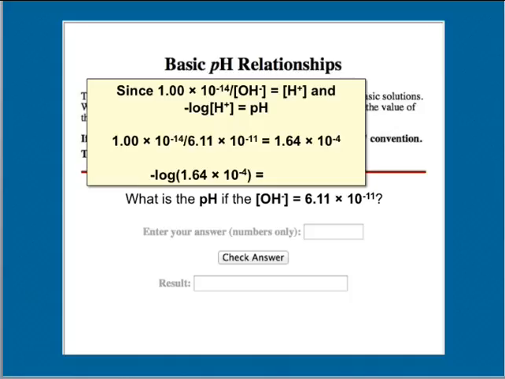Remember I kept telling you the tutorial on exponents was going to be important? I did that, didn't I? Now we have hydronium of 1.64 times 10 to the minus 4. So all we have to do is take its log, change its sign.